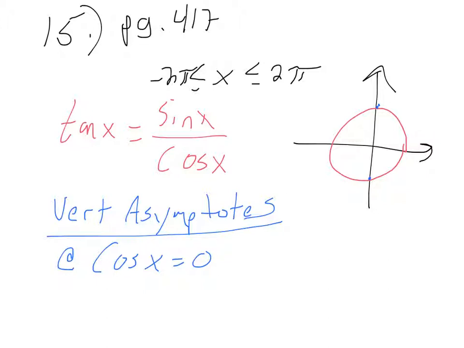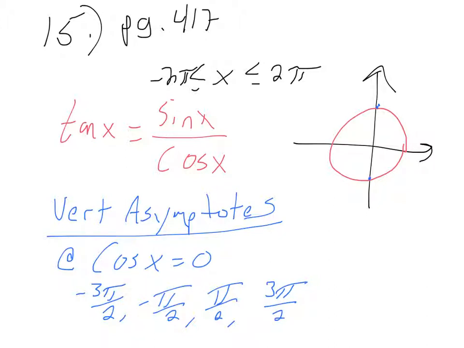So pi over 2 and 3 pi over 2, between 0 and 2 pi are the two ones, and then it's also going to occur at negative pi over 2 and negative 3 pi over 2. So the answer will be negative 3 pi over 2, negative pi over 2, positive pi over 2, and 3 pi over 2.